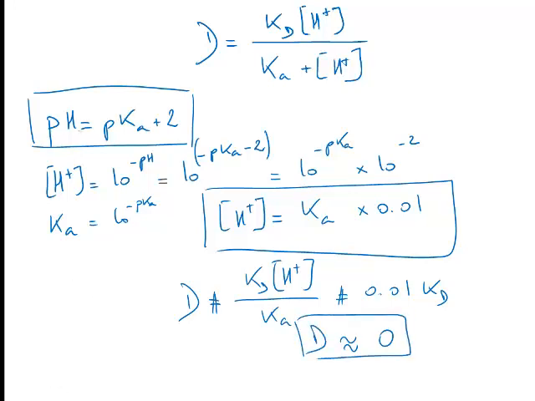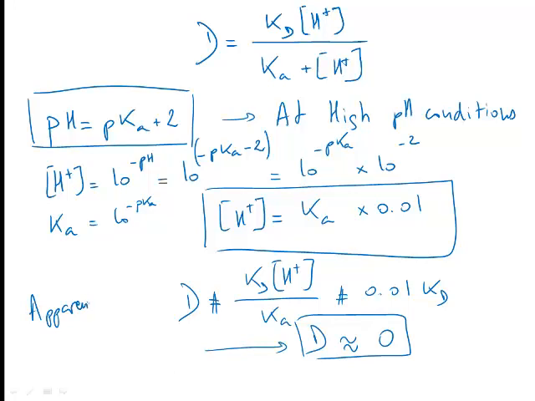So for pH is equal to pKa plus 2, which is at high pH conditions, the apparent distribution of an acid is equal to 0.